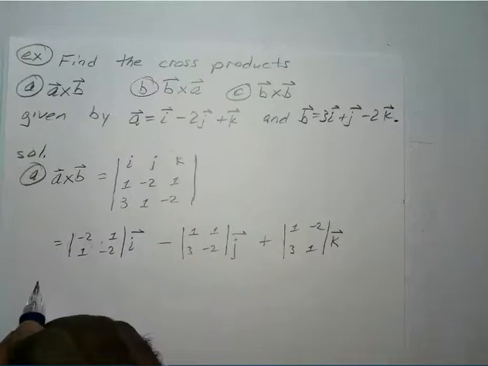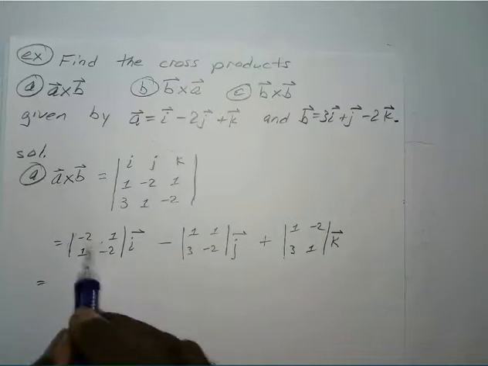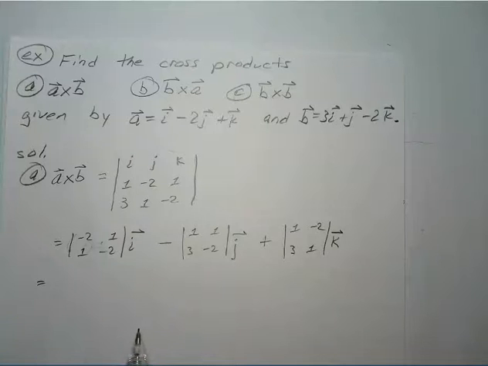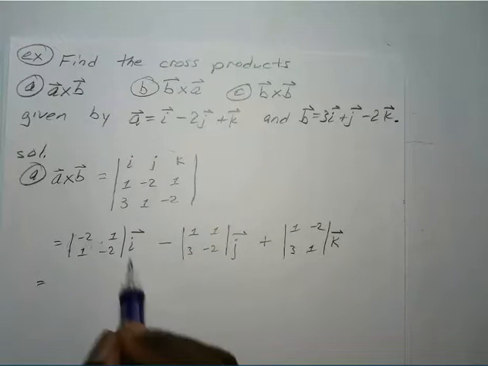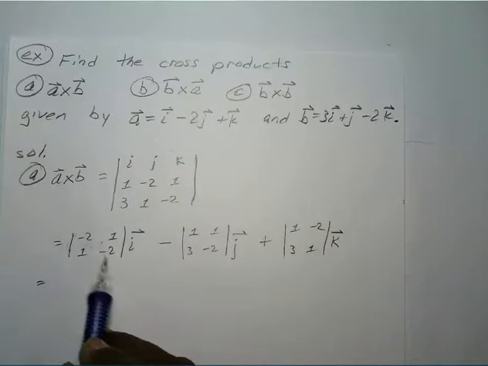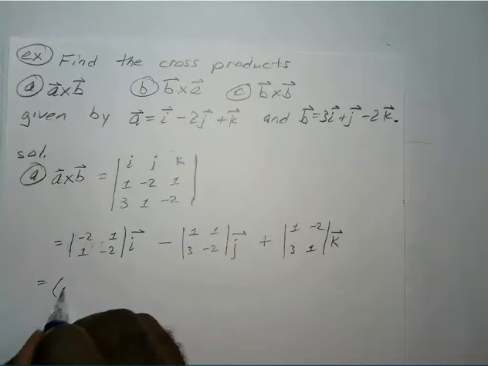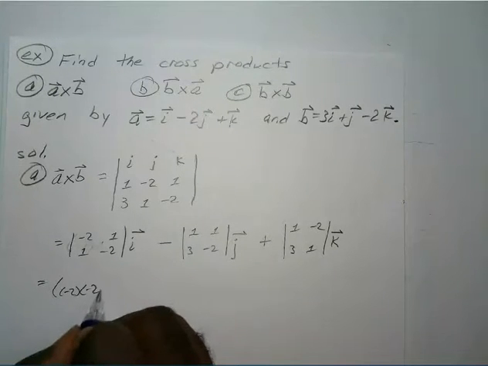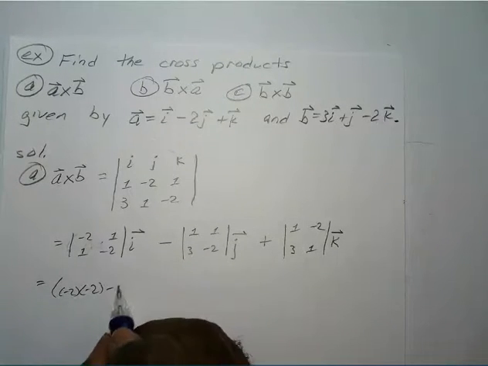Okay, so now we go ahead and use our determinant of a 2 by 2 matrix. So that's negative 2 times negative 2 minus 1 times 1.